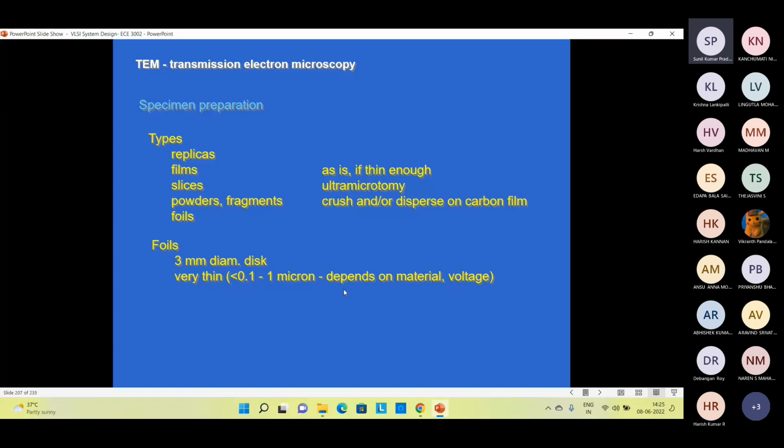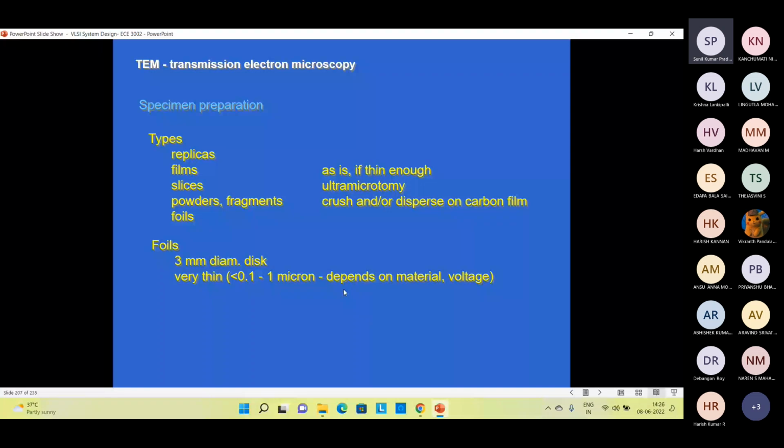Okay, so it has to be a very, very small, very, very thin sample. But if it is not thin enough, then we have to make it thin enough by ultramicrotomy. That is a procedure called ultramicrotomy, where we can crush and disperse on a carbon film. So this is the way of specimen preparation.